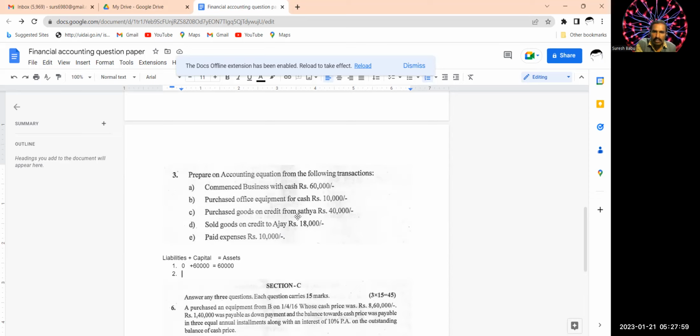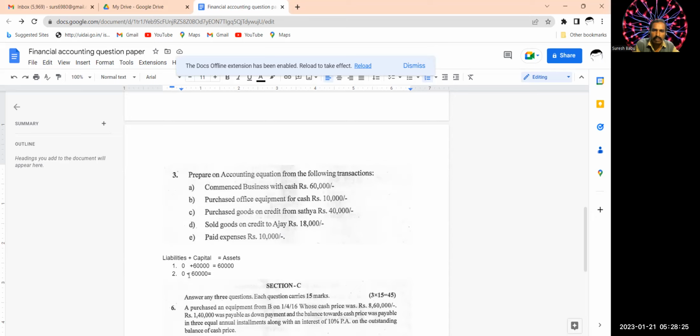Then, purchased office equipment for cash 10,000 rupees. So liabilities remain as it is, 0. There is no effect. Capital remains same after second transaction. There is no effect. Then what changes on asset side?